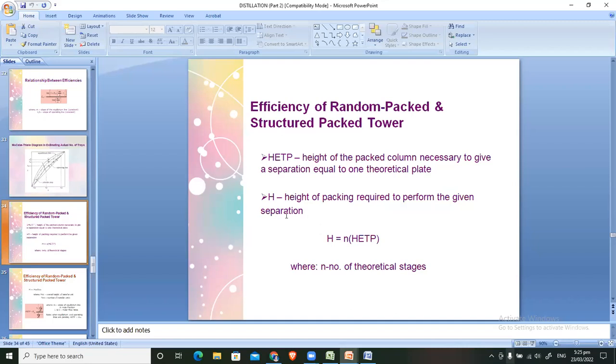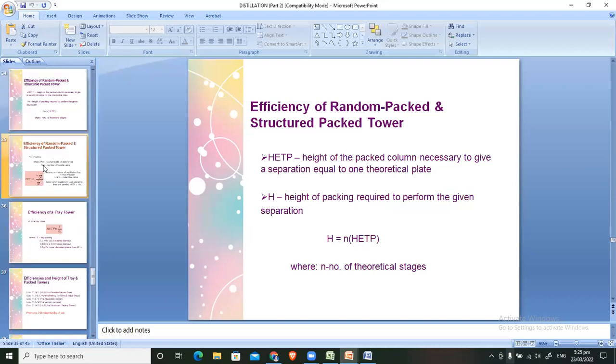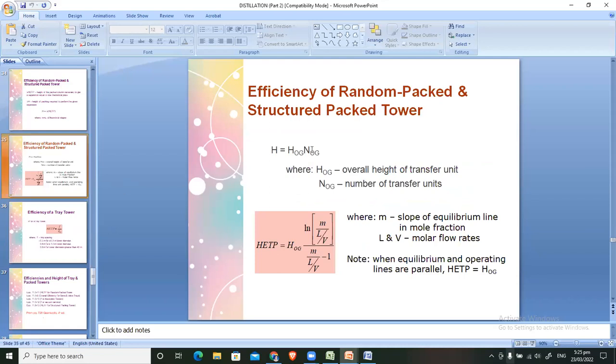Determining the height will require the HETP and the predetermined theoretical number of stages. So the height, in most reference books, is represented by Z for a distilling column. It could be solved using the HOG-NOG formula, and we can determine the HETP knowing the H sub OG and all this.